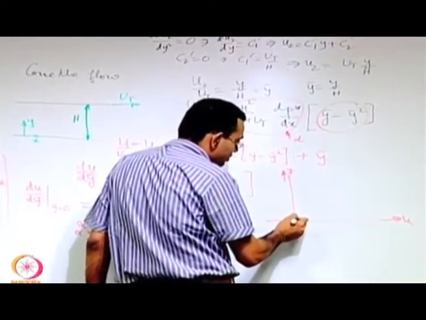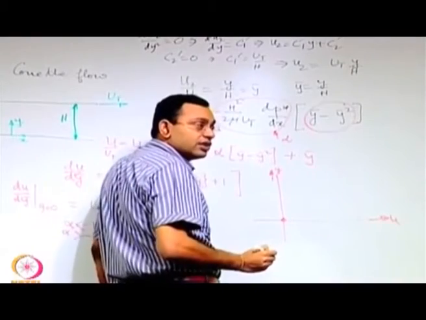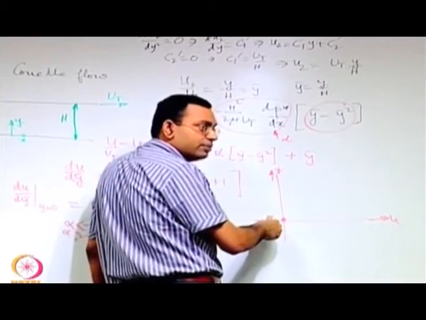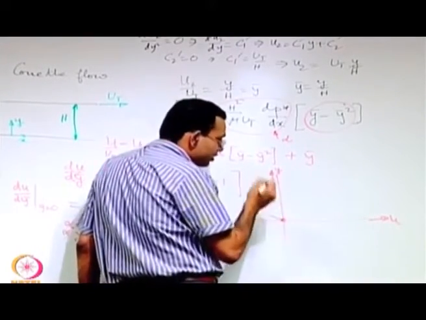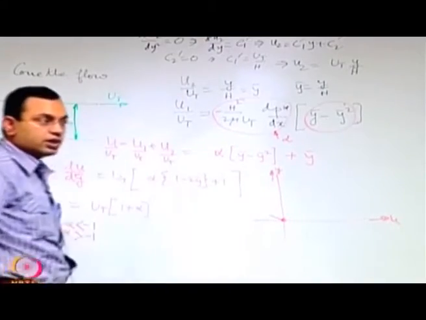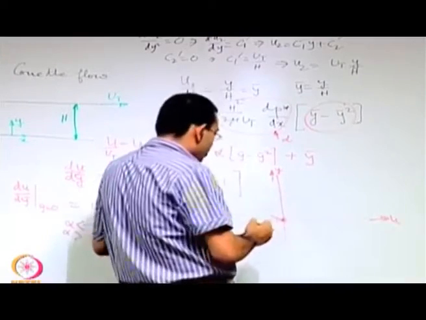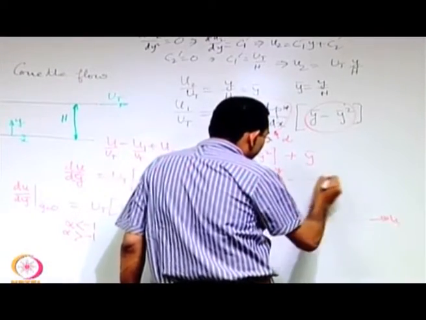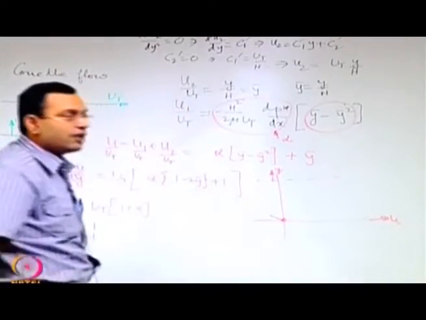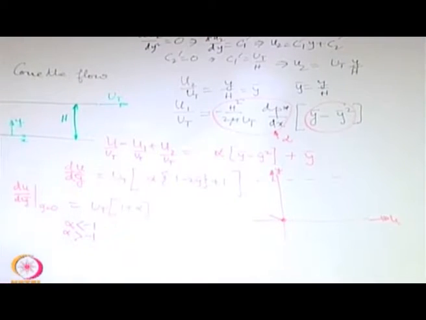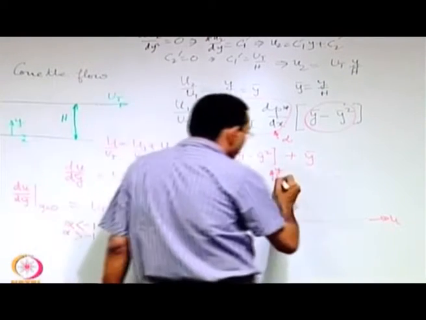So what it means is that you have a negative slope of the velocity profile. At the wall the velocity is 0 because of no slip, then the velocity actually becomes negative because the slope is negative. And if you consider the upper plate, here you have to have the velocity as ut, by the boundary condition.